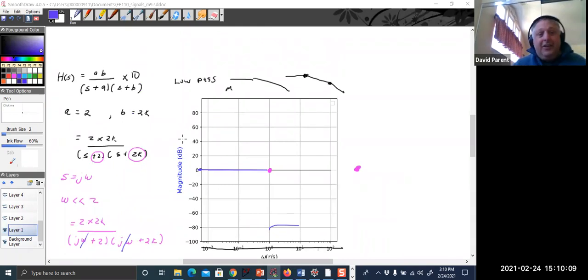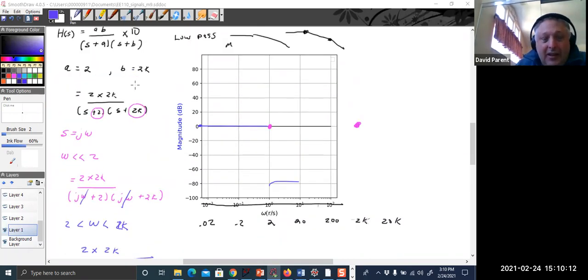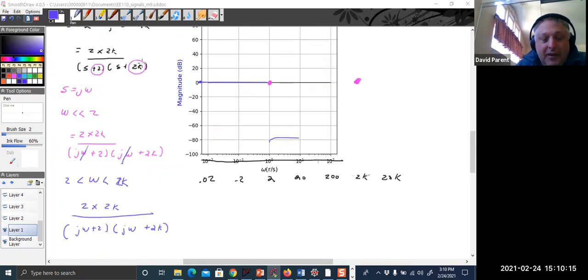I'm going to do it without a gain of 10, and then we can add that gain of 10 back in. Very easily. So now if omega is in between, the approximation is it's a lot bigger than that and a lot less than that. So in this case, this is bigger than 2, so the 2 drops out, but this is still smaller than 2k, so that drops out.